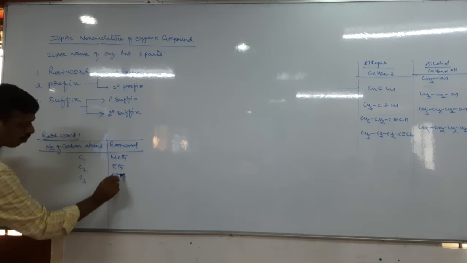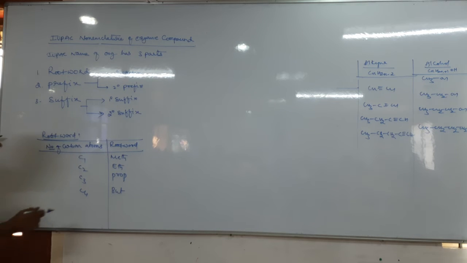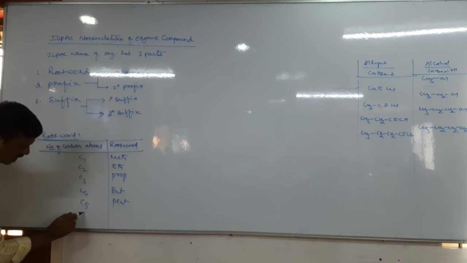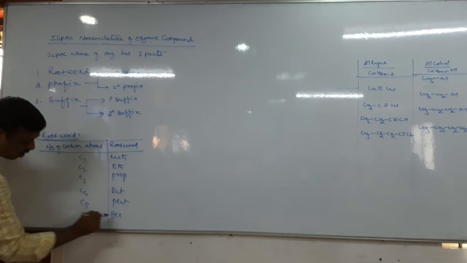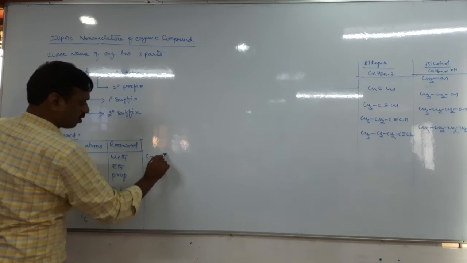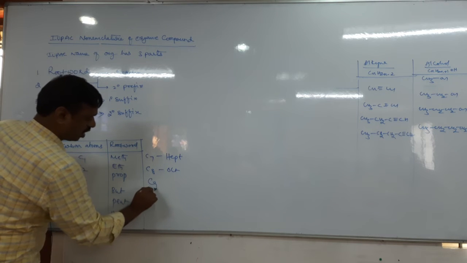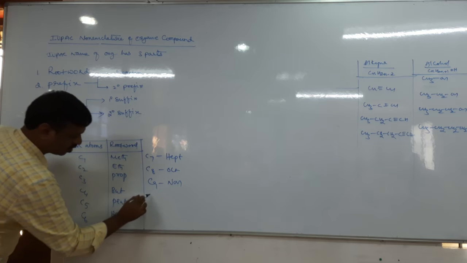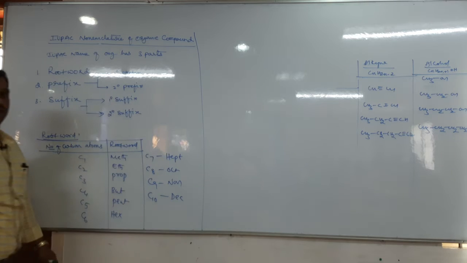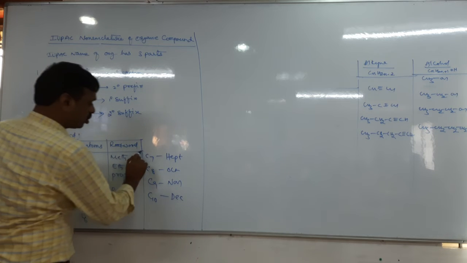C3, prop. C4, but. C5, pent. C6, hex. C7, hept. C8, oct. C9, non. C10, dec. So the root word indicates the number of carbon atoms present in a parent chain.